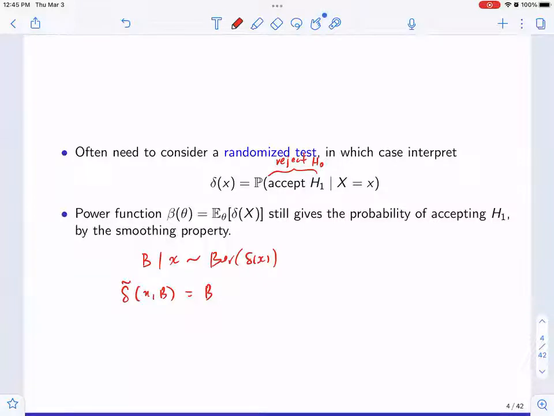And if you think about this, this is like the expectation of delta(x) given x, and then if I take expectation another time, then I remove the x.